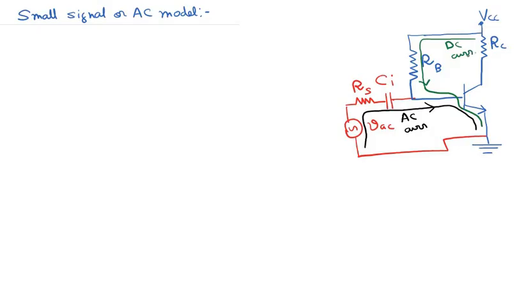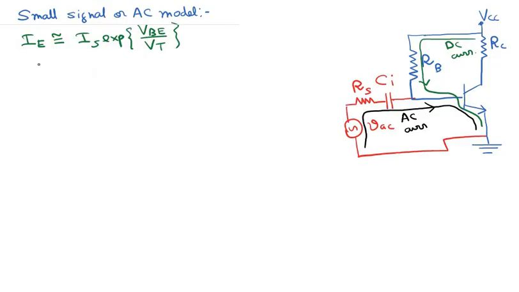Okay. Now we have already discussed that this base to emitter junction is basically a diode. So IE, the emitter current, is approximately equal to IS exponential VBE divided by VT.